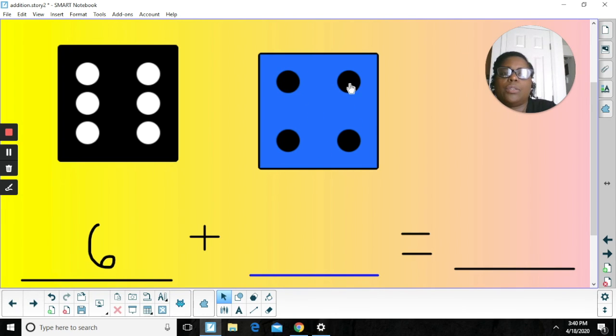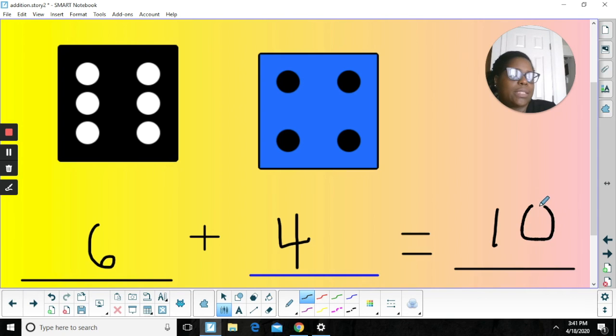Let's count. 1, 2, 3, 4. Take out your 4 counters. Now move your groups of counters together. Now let's count them all together. 1, 2, 3, 4, 5, 6, 7, 8, 9, 10. And we're going to write 10. Excellent job, okay?